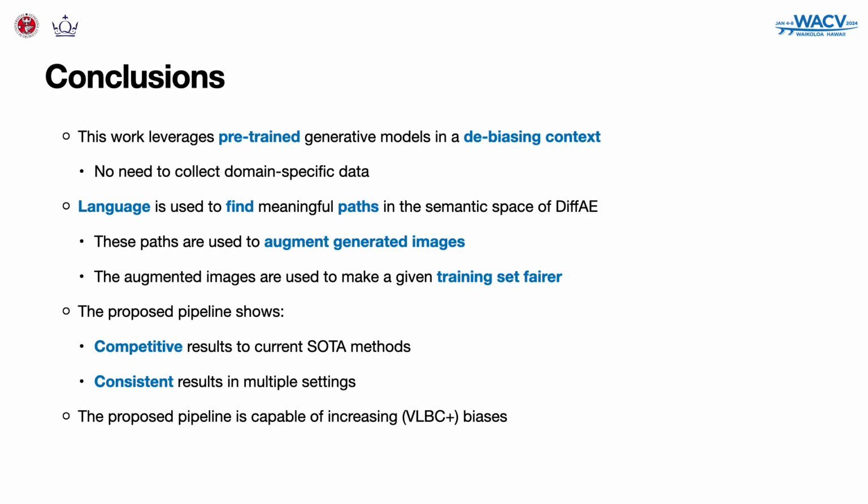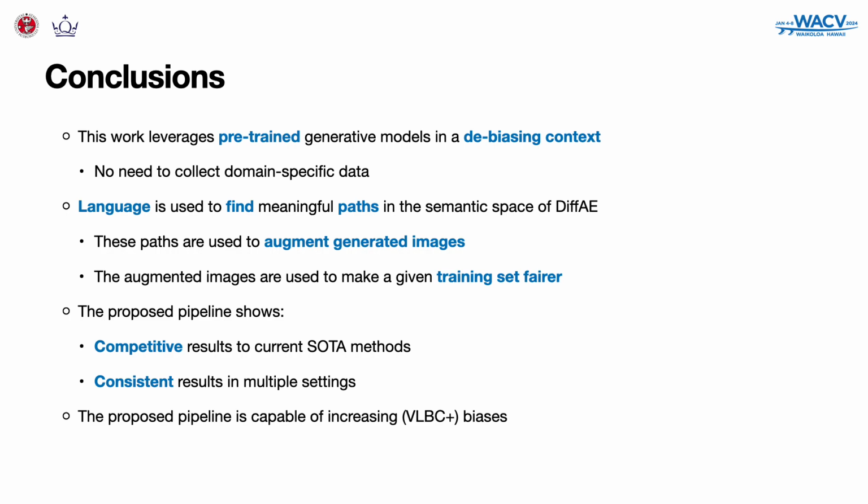In this work, we presented Vision Language Bias Control, which leverages a pre-trained generative model to mitigate the bias of a given discriminative model, thus without requiring training. We make use of ContraClip, which exploits natural language to find meaningful paths lying in the semantic space of a given generative model. Those paths are used to augment synthetic images toward the minority groups, allowing to increase the fairness of a given real training set.